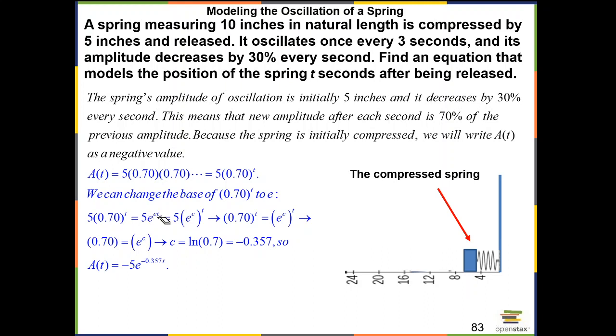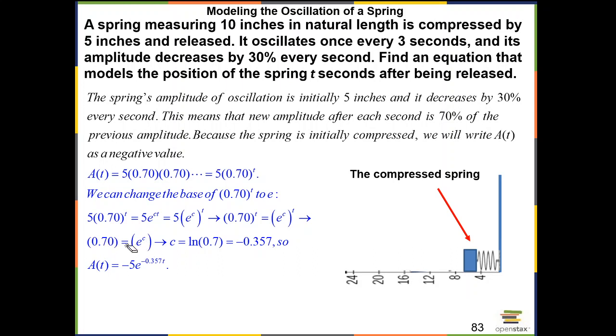If we write this as something to the t-th power, which is e to the c to the t, if you have two exponents, you have to multiply them, right? So compare this to that. It looks like we want e to the c to be 0.70, and this is like a simple exponential equation.